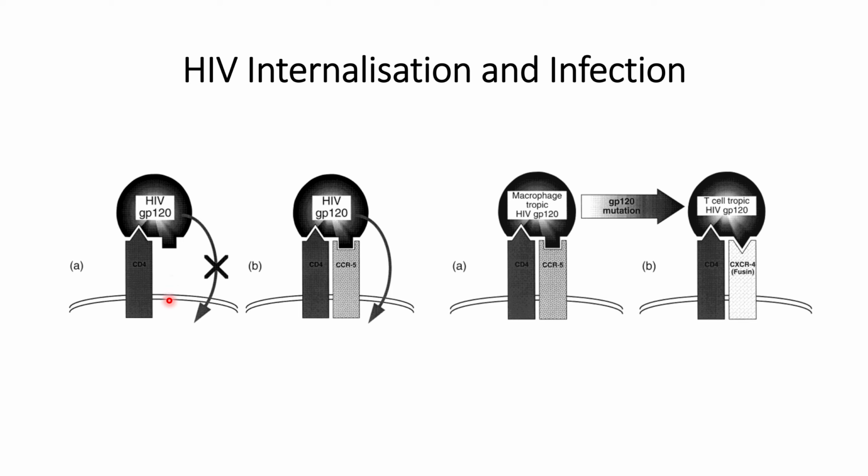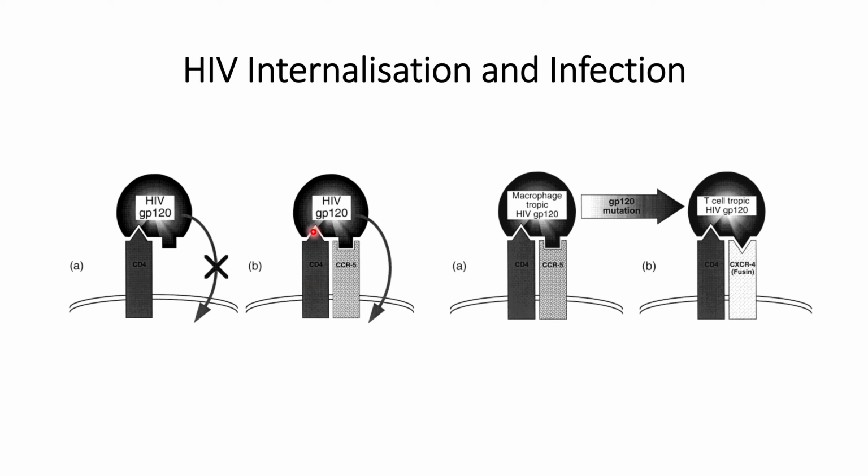The presence of both receptors is necessary in order for the HIV virus to infect the cells, as shown in figure B of the first diagram. That is, a cell has both the CD4 and CCR5 receptor.